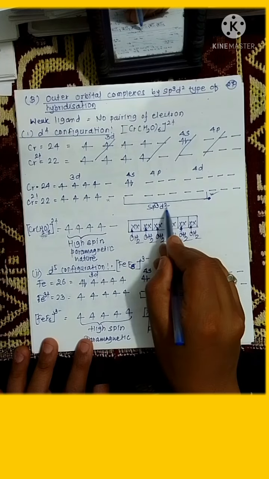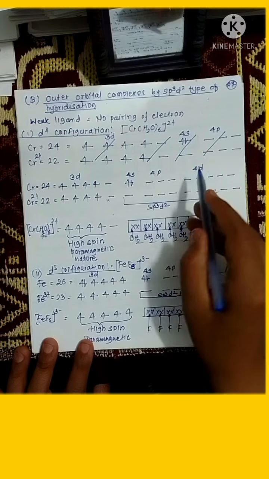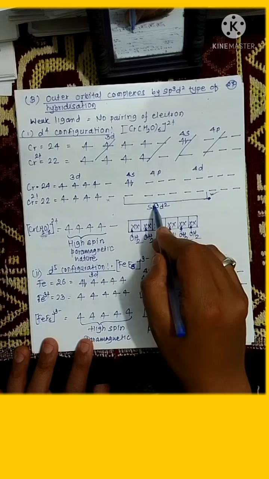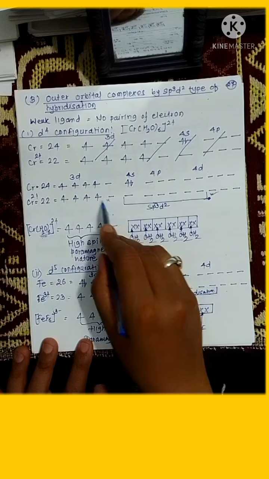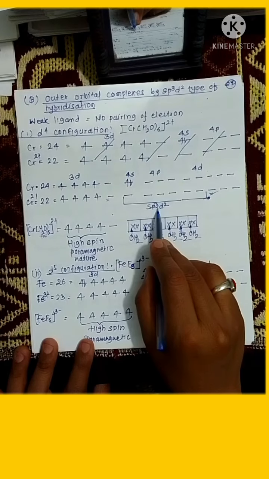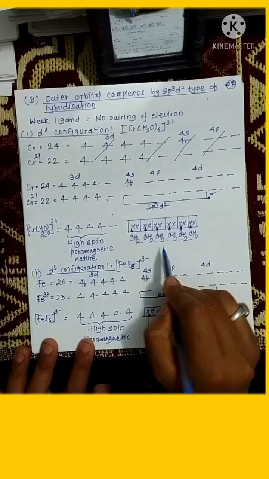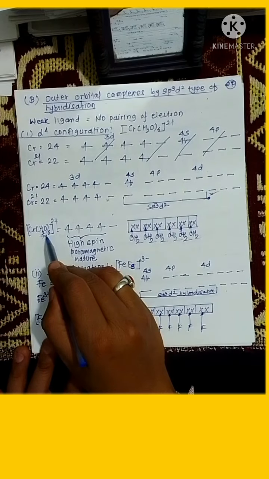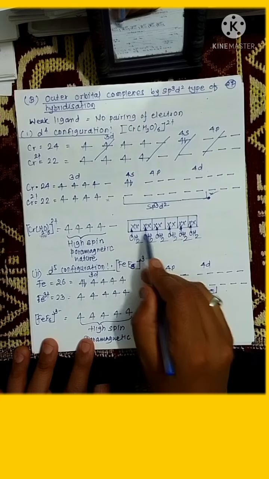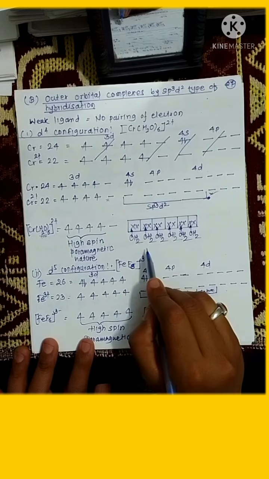So sp3d2, the d orbital from the same shell is used in this hybridization, not the inner shell d orbital. So in this case also we get 6 hybrid orbitals, and we have 6 neutral ligands, that is aqua ligands. They donate their electron pairs and form 6 coordinate bonds.